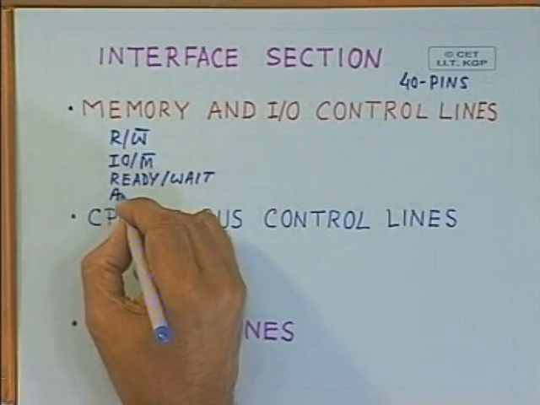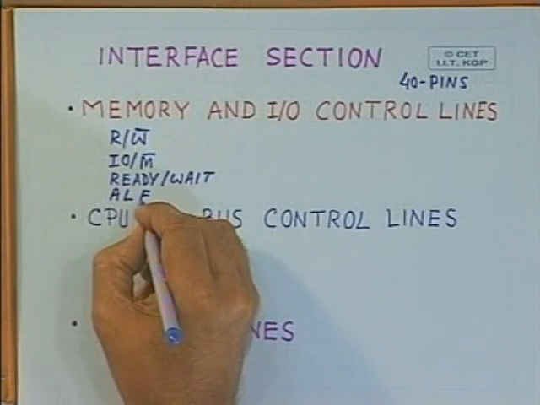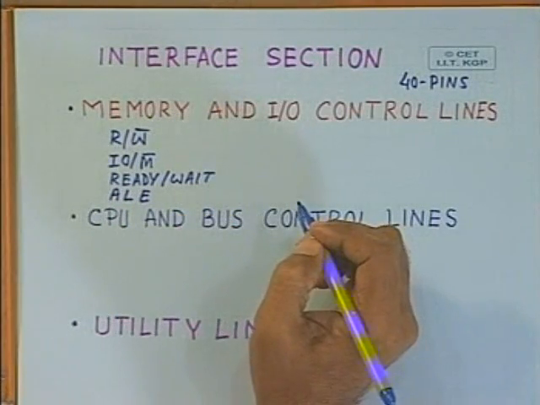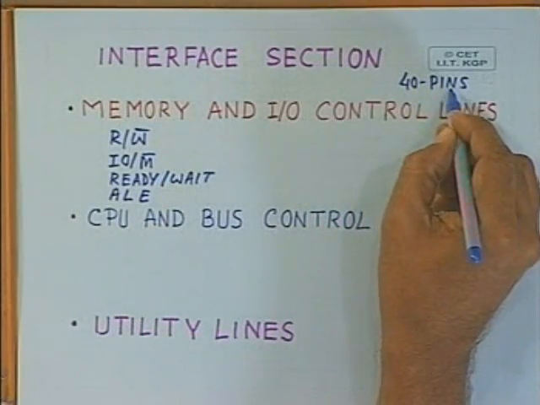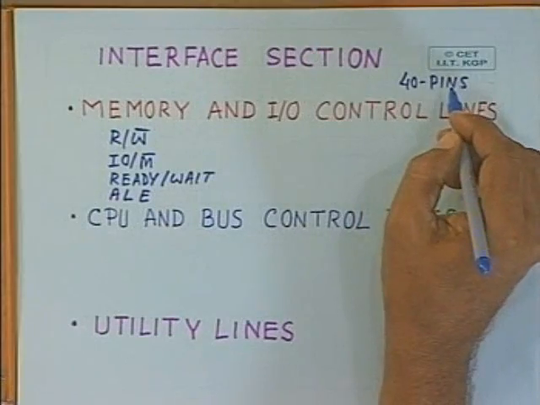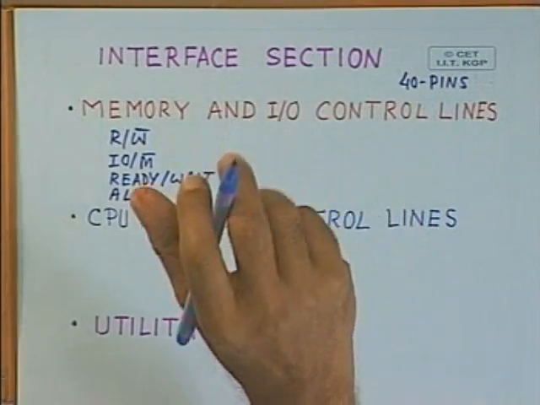Then another pin is provided, that is address latch enable, ALE. You will see that to optimally use the number of pins provided by the microprocessor, sometimes the same lines are used for dual purpose, for address as well as data. So it has to be conveyed to the outside world again whether at that instant those lines are having an address value or data value.